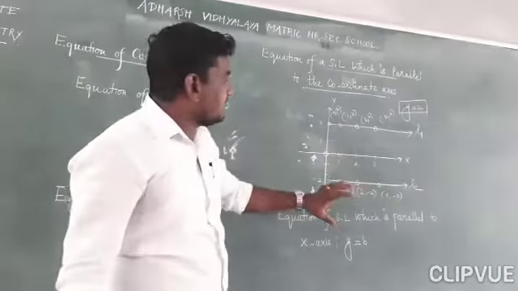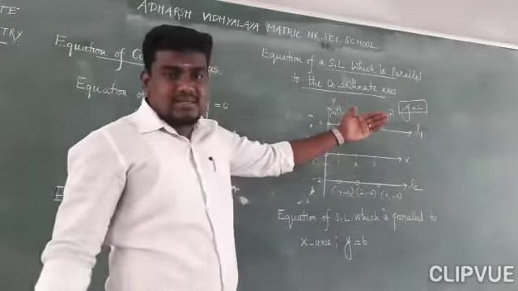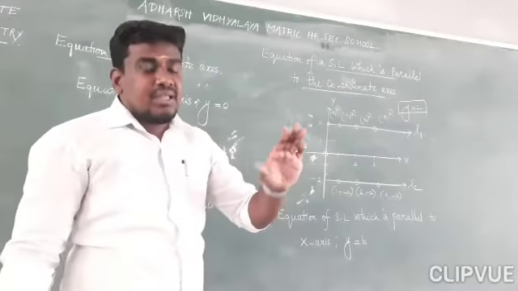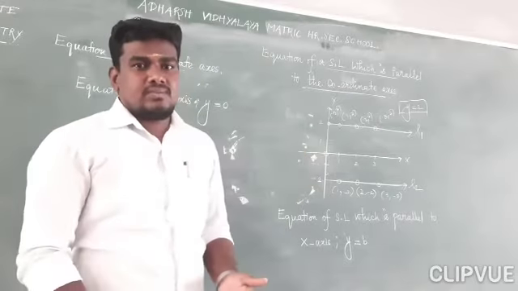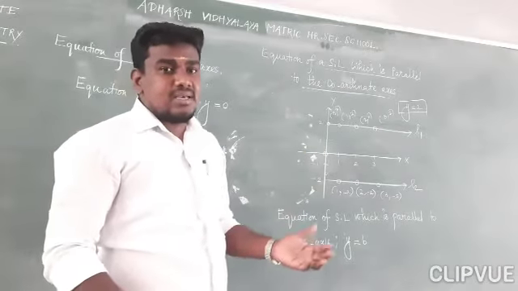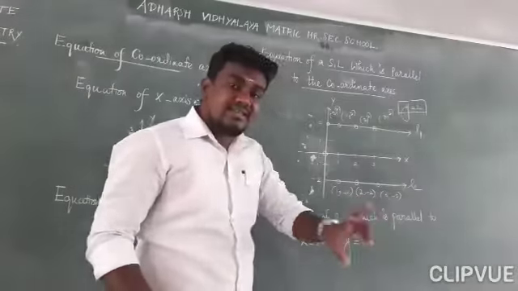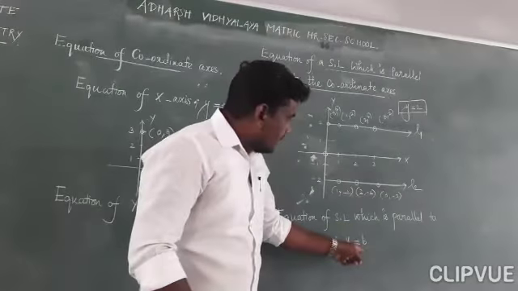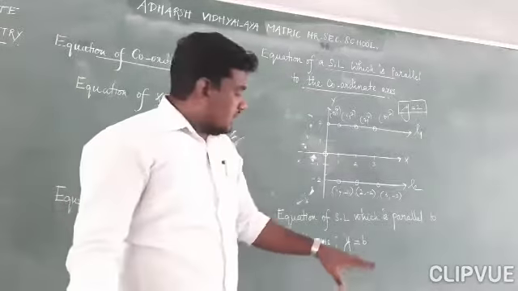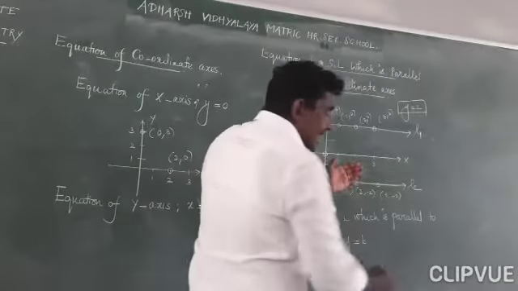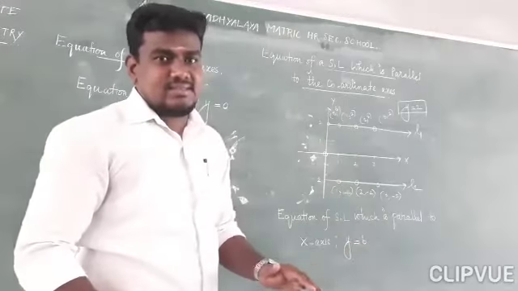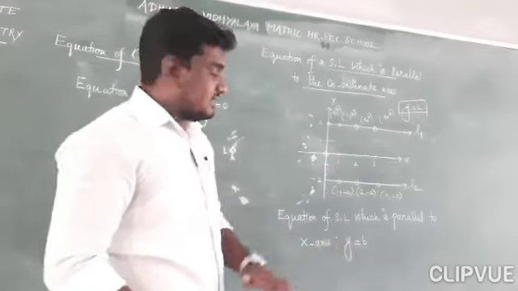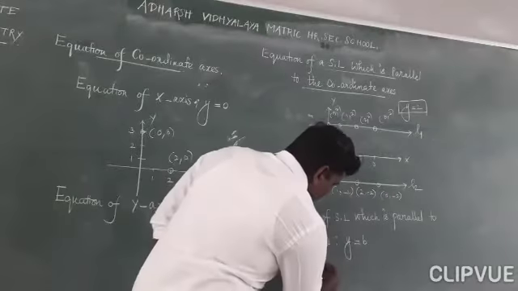If it is above the x-axis, the constant term b is greater than 0. If it is less than 0, the straight line lies below the x-axis. Look at this.